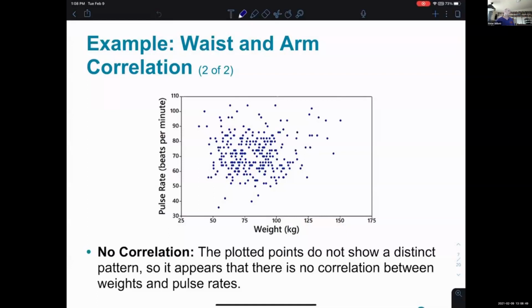It's perfectly possible to be higher on the weight side and have lower pulse rates. I do see a gap in this corner, but I don't see a clear pattern that you need a lower weight to have a lower pulse rate. That does not seem clear at all, and there is no real clear correlation here.